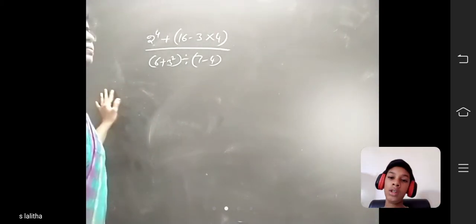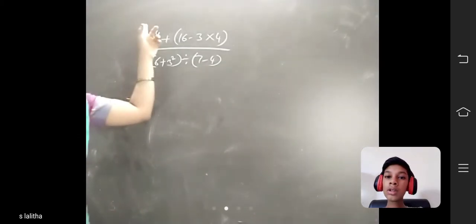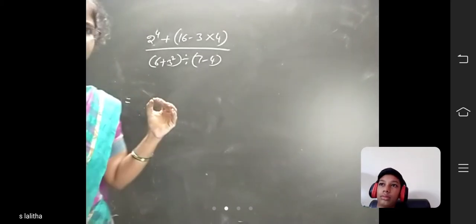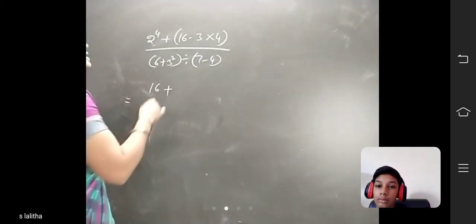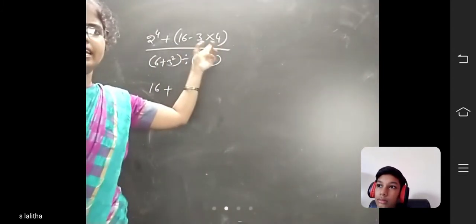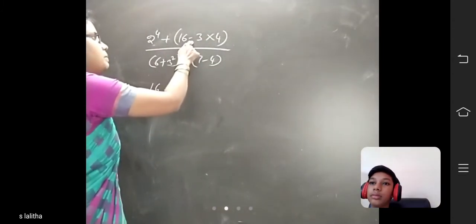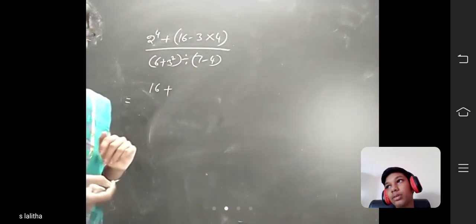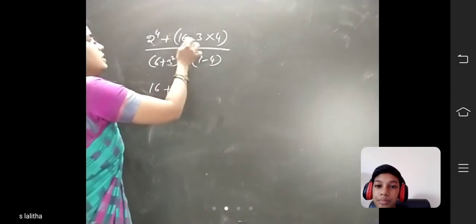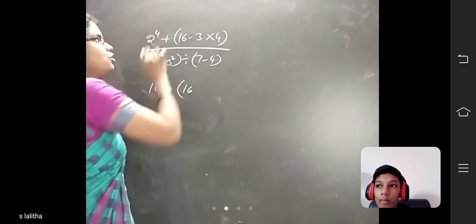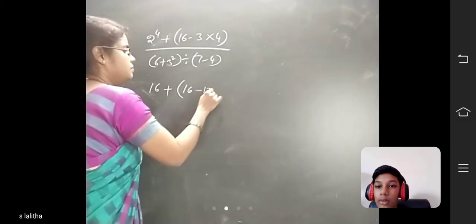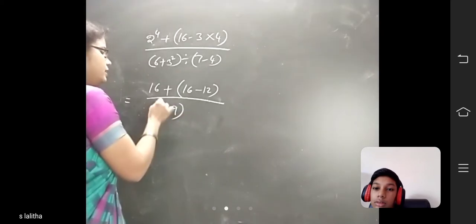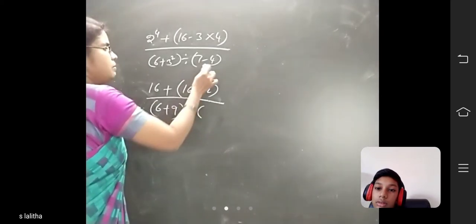Come on, tell me. 2 power 4. 2 power 4 means how much? 2 twos are 4, 4 twos are 8, 8 twos are 16. So 16 plus, we should solve the bracket first. In the bracket, subtraction is there, multiplication is there. Which one should you do first? Multiplication. Okay. So in the bracket, 16 minus 3 into 4, how much? Minus 12 by 6 plus 3 square, which means how much? 9, divided by 7 minus 4.